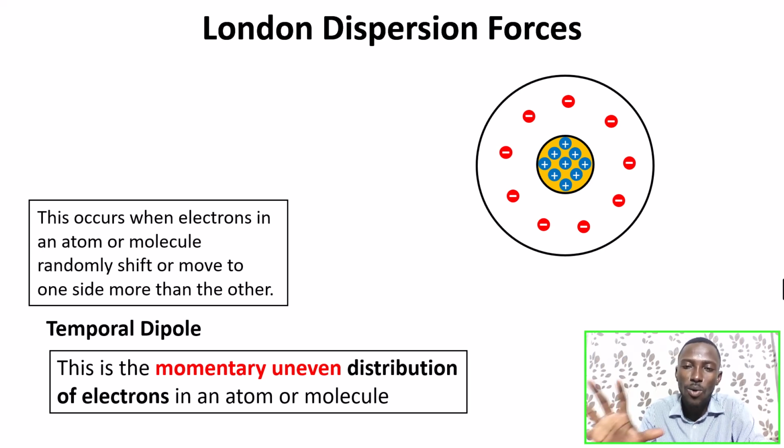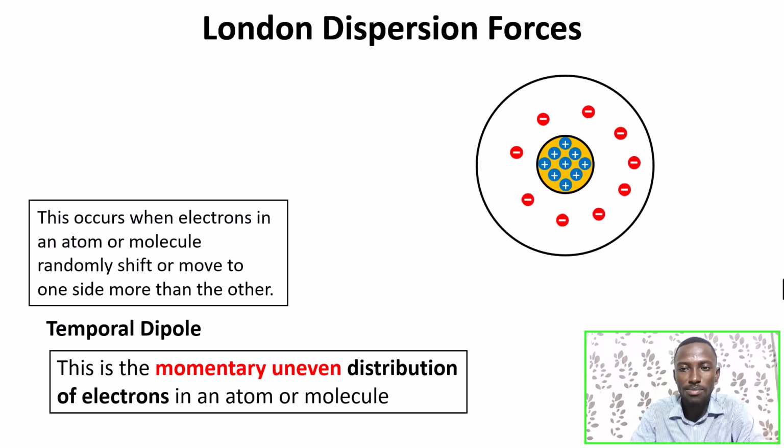But electrons are constantly moving in the atom. So at one point in time, you will see that the electrons become clustered at one side more than the other. They have been shifted to one side more than the other.